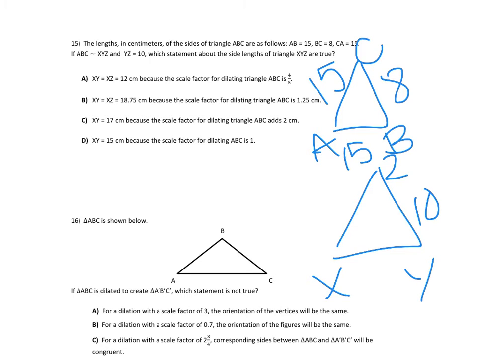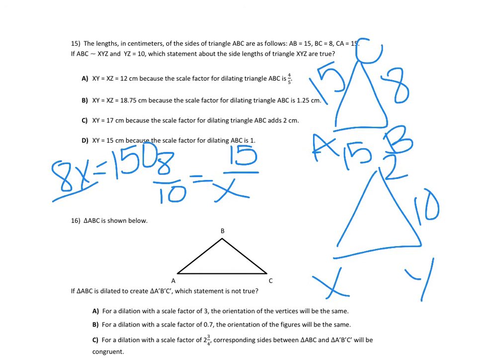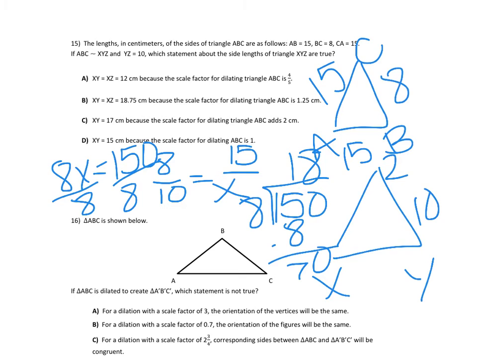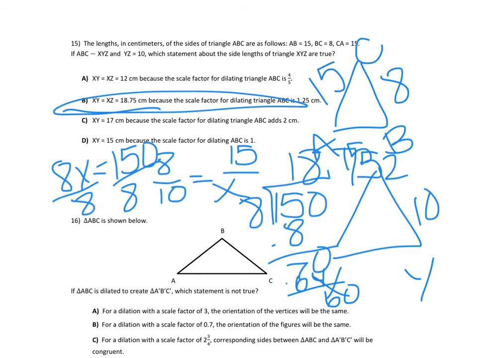How can we find the scale factor? We could find the missing side: 8 over 10 equals 15 over x. So 8x equals 150. Divide by 8. 150 divided by 8 is 18.75, because the scale factor is 1.25. Yes, answer choice B is what you should have got.